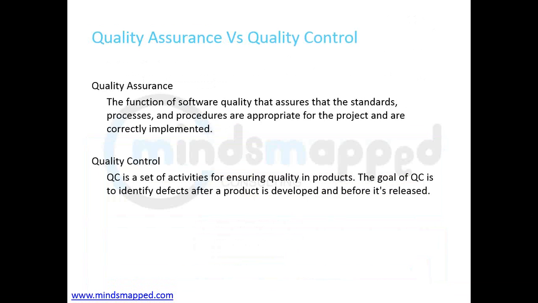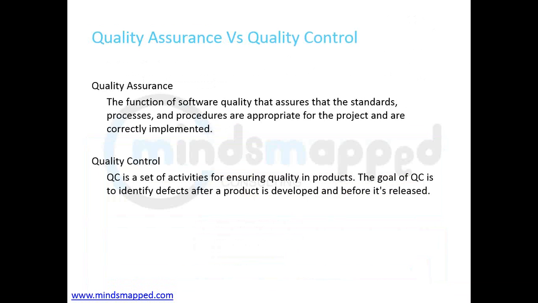So when anybody asks you the difference between quality assurance and quality control, you just say: quality assurance is a process of assuring that the standards, the procedures, the processes, the guidelines which are followed in the project are correct and properly implemented.